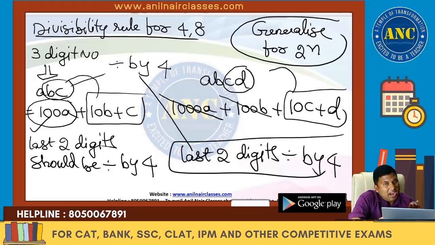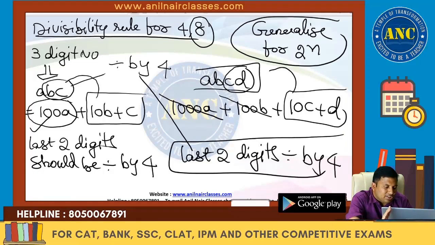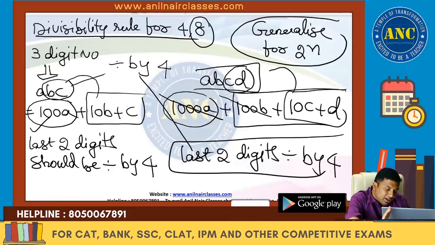Now, a very important conclusion. I will do it after I discuss the divisibility rule for 8. If I take the divisibility rule for 8, suppose I take A, B, C, D, 1000 is 8 into 125. That means this entire number should be divisible by 8.